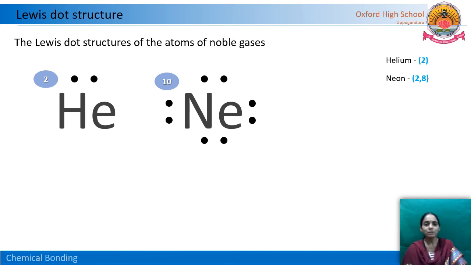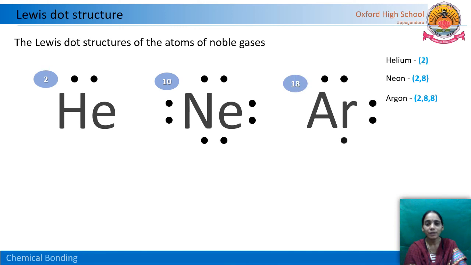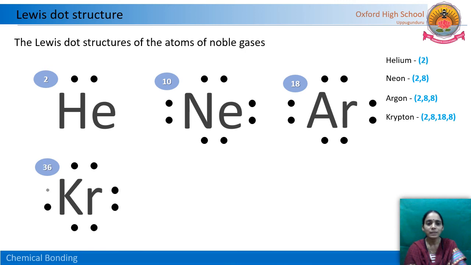So this is the procedure to write the Lewis dot structure for any atom. The Lewis dot structure gives us information like how many valence electrons are there in that particular atom. And particularly in the noble gases, next one is argon. Argon also consists of 8 valence electrons, so we write Ar and then a total of 8 dots. Krypton is also the same, 8, because it consists of 8 valence electrons. Next, xenon also consists of 8 valence electrons, that means the outer shell is filled with 8 electrons.